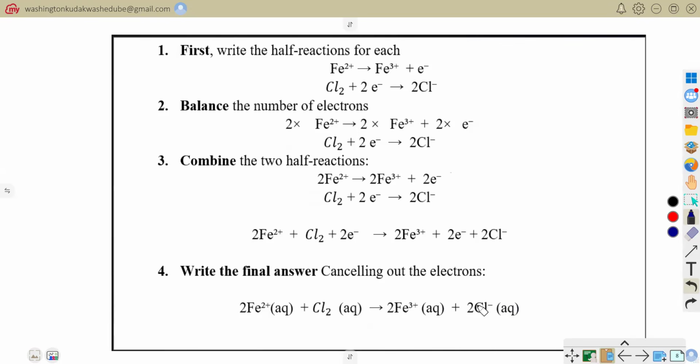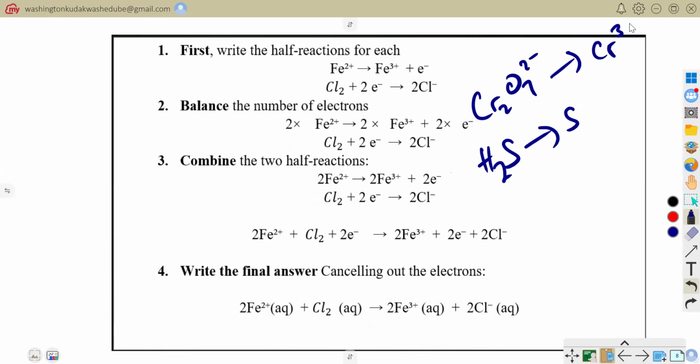But once there happen to be some hydrogen or oxygen atoms on either side, what am I saying? For example, you might have hydrogen sulfide reacting to form sulfur, and then you might have chromate ions reacting to form chromium 3 plus ions.